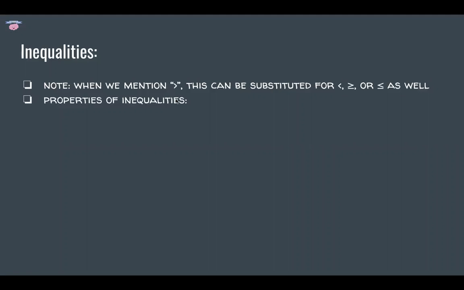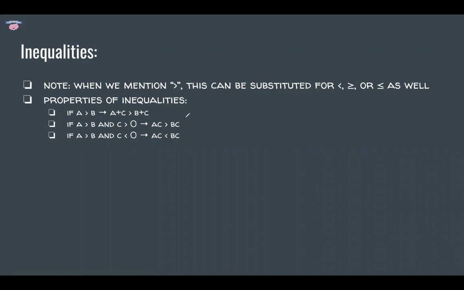So like I said, we'll talk about some properties. If A is greater than B, then A plus C is greater than B plus C. So it's basically the addition property. And remember, we can use any of the other signs for this as well. And this is a key difference between equations and inequalities. It matters what the sign of C is when we multiply.